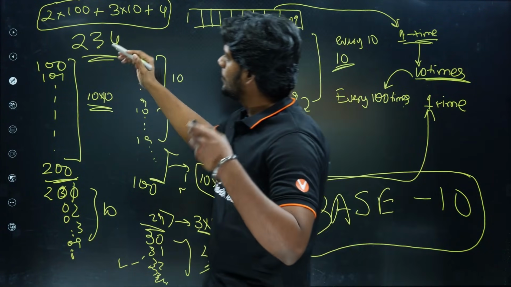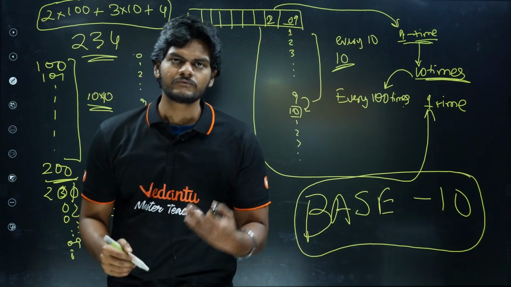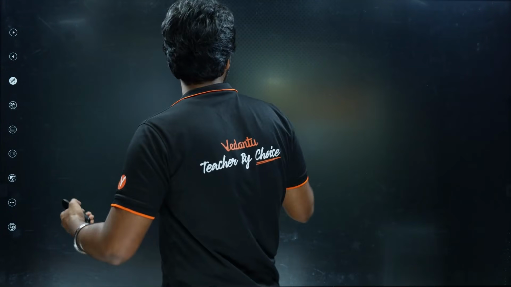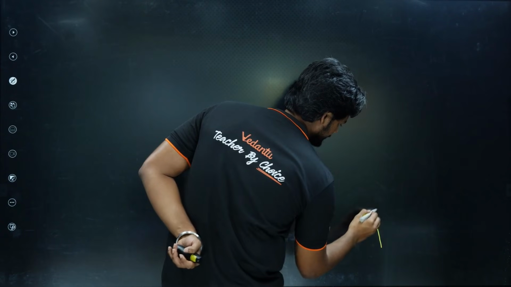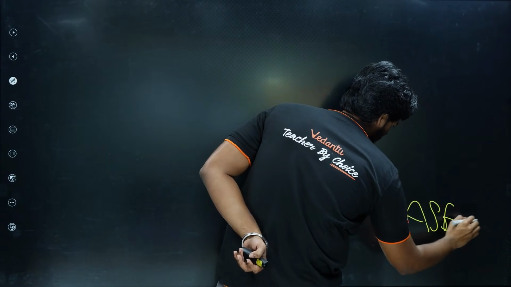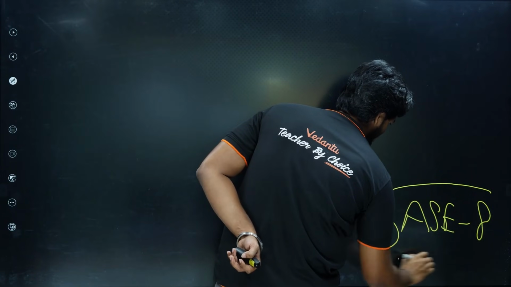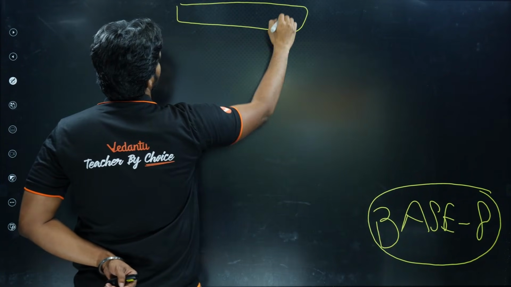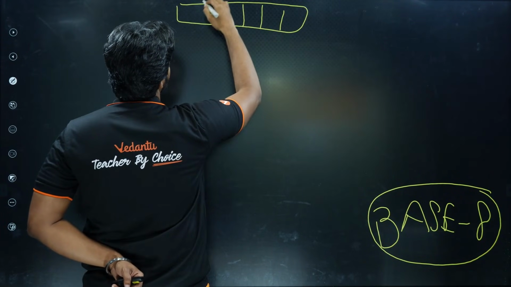Now let's do what is 234 mean in base 8. Let me write it down. What happens? The odometer now has only 8 characters.